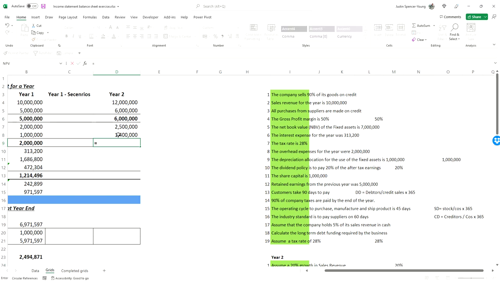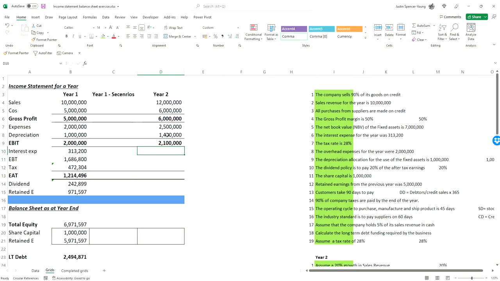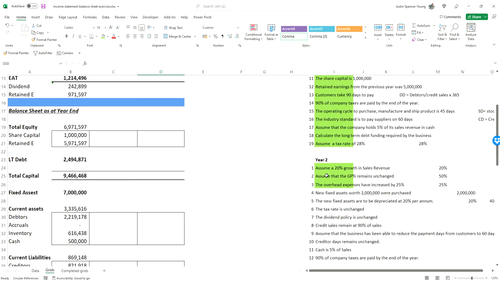So now what we're going to do is we're going to say our gross profit minus the expenses minus the depreciation gets us 2.1 million in operating profit. Okay, so this new assets, I'm not going to paint that green yet.